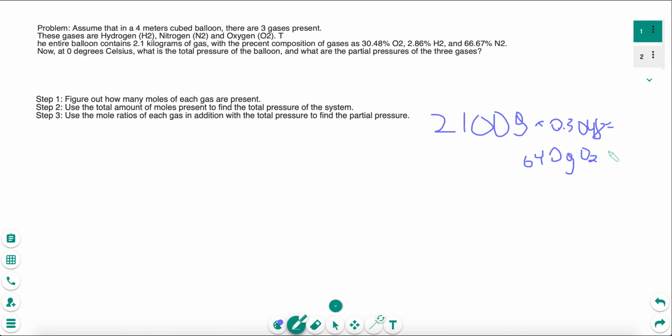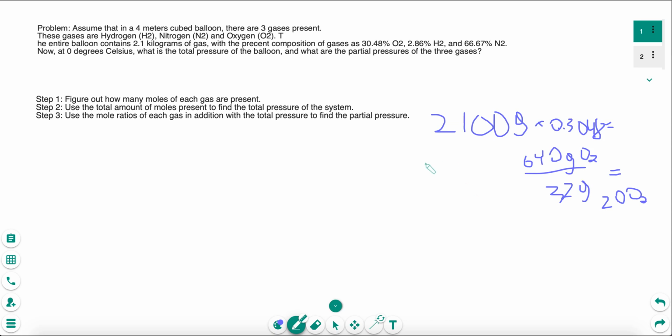The mass of one oxygen atom is 16 grams, so two oxygens would then be 32 grams. So we need to divide our 640 by 32 to get 20 moles of oxygen.